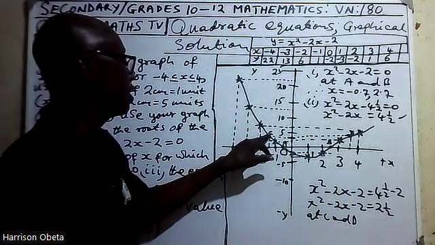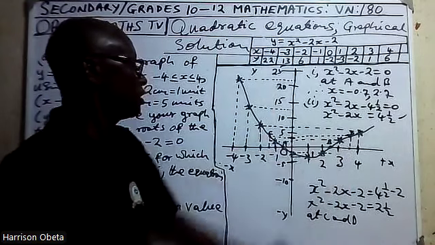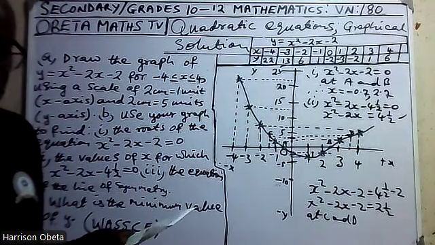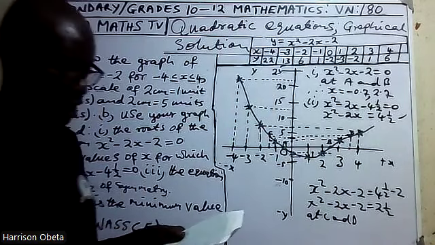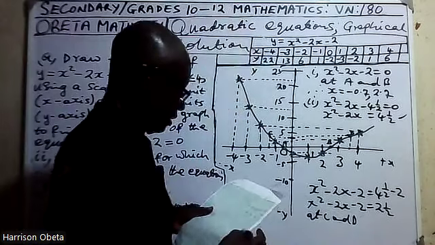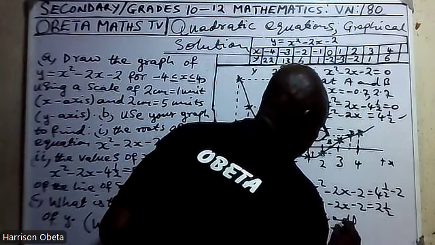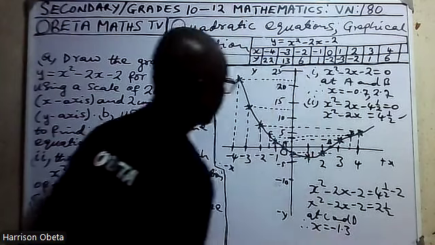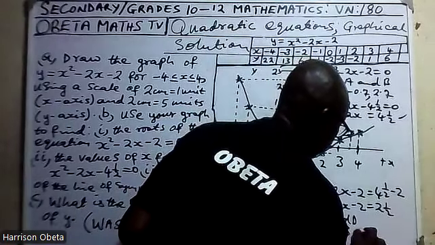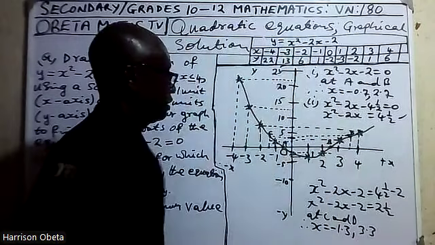That is from here, that's following this, and the other one is this. So the answers I have are x equal to minus 1.3, comma, then 3.3. Therefore, x equal to minus 1.3, comma, 3.3. That is to the other side.